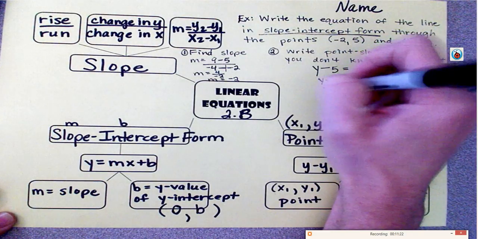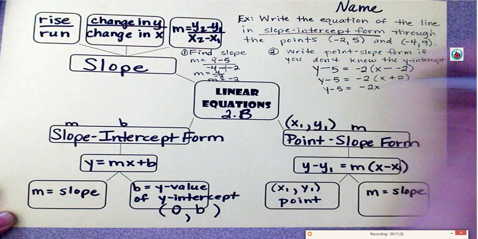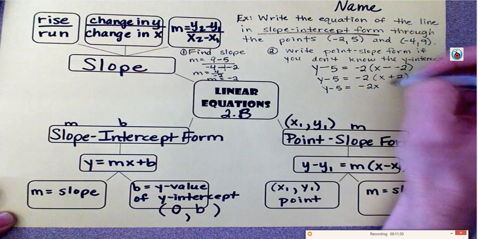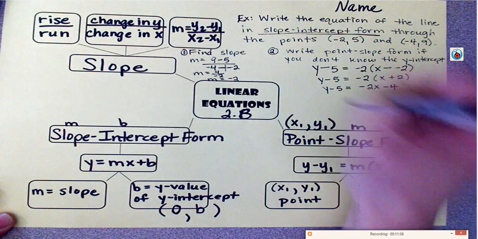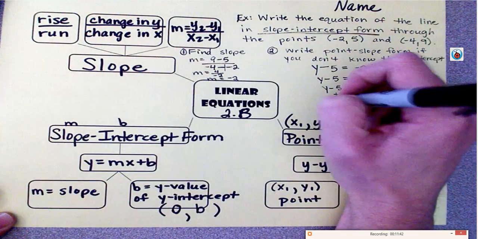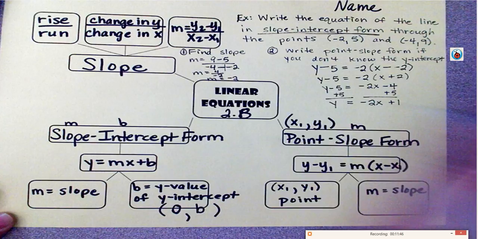So I still have y minus 5 equals -2 times x, which is -2x, and -2 times +2, which is -4. And after that step, I can add 5 to both sides. So I get y equals -2x plus 1.